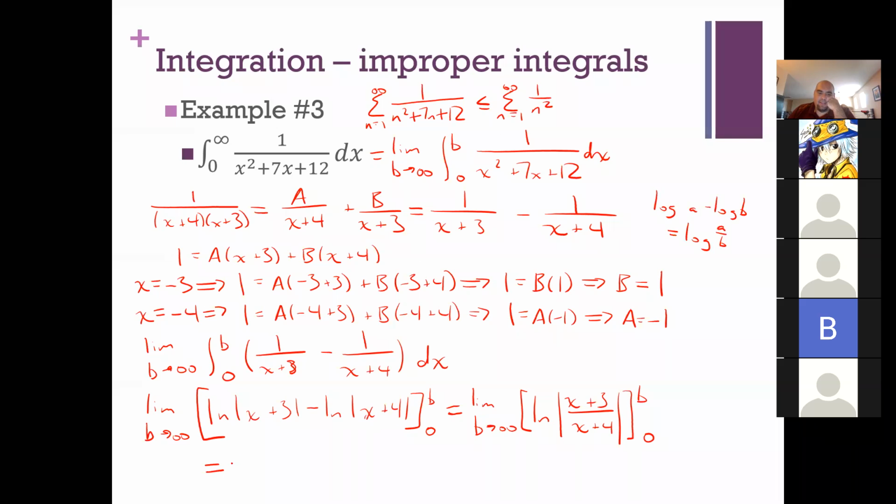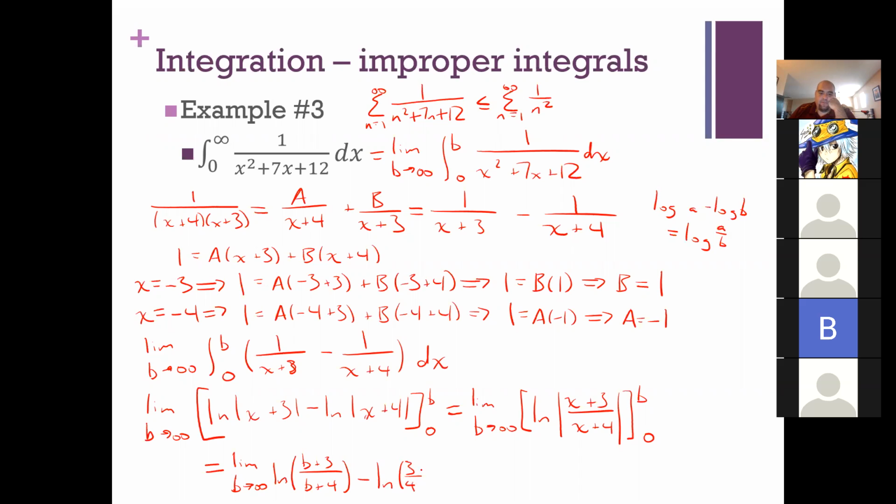So now I can start plugging things in. I'm going to have the limit, and I'm going to leave out the absolute values because all these things are going to be positive anyway. So the natural log of B plus 3 over B plus 4 minus the natural log of 3/4.